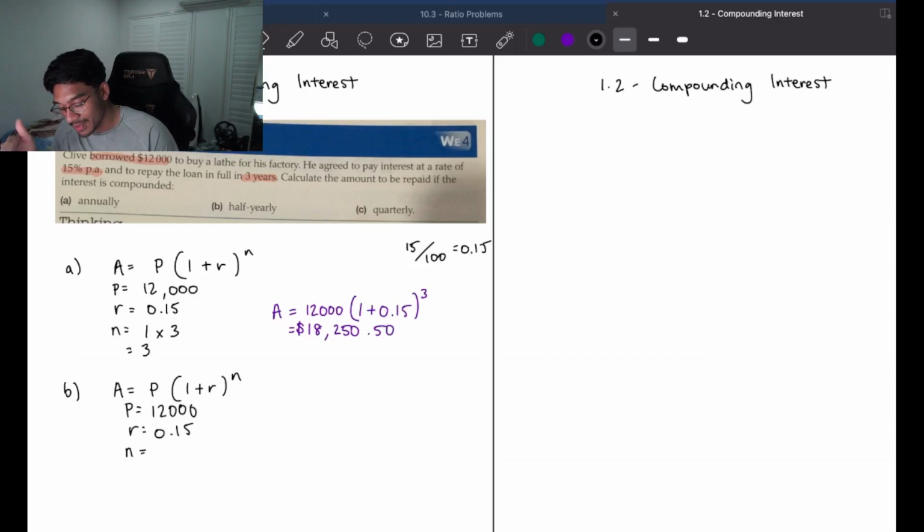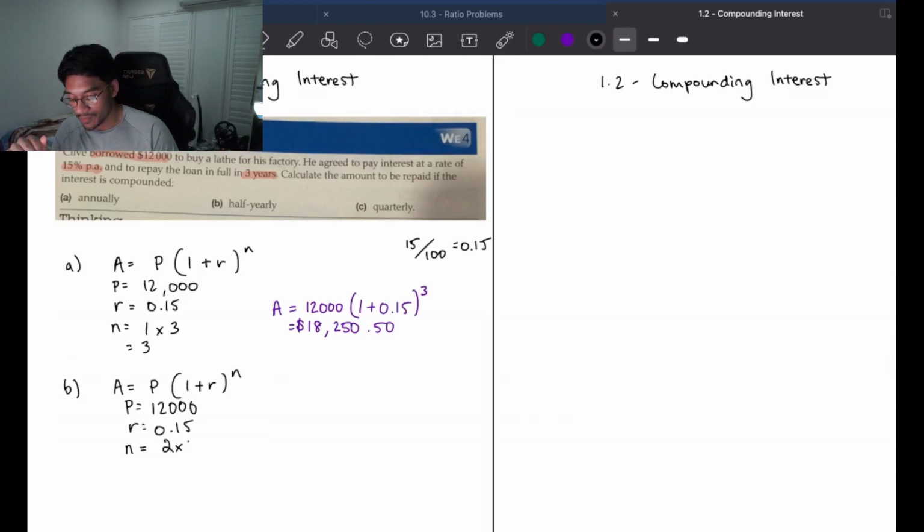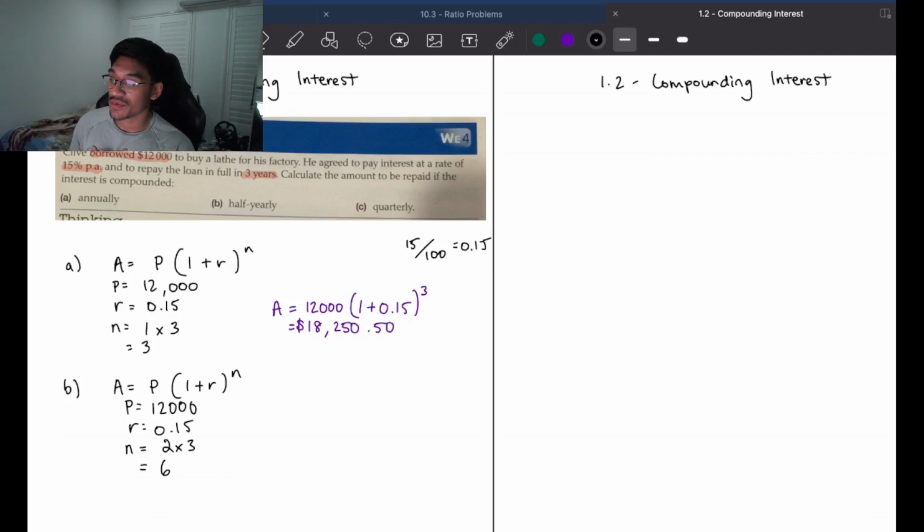So now instead of compounding annually, which means yearly, it's half yearly. So per year, it compounds twice, because there's 2 halves in a year. So we do 2 times how many years the loan is. It's for 3 years, so we do 2 times 3, which equals 6. So it compounds a total of 6 times.